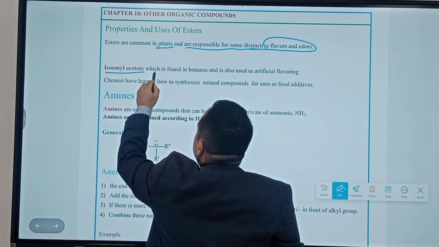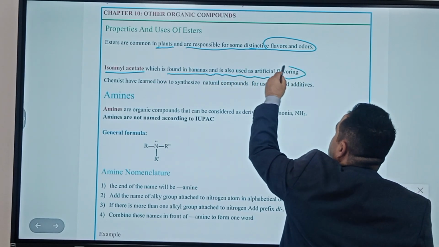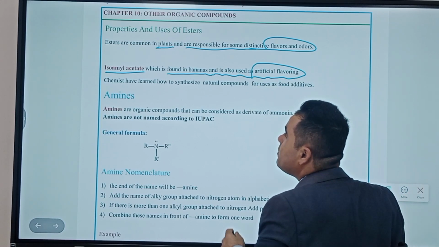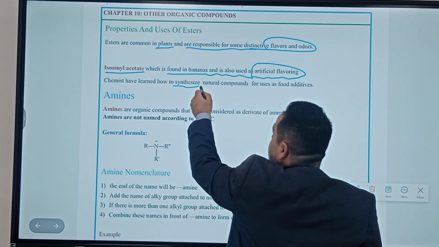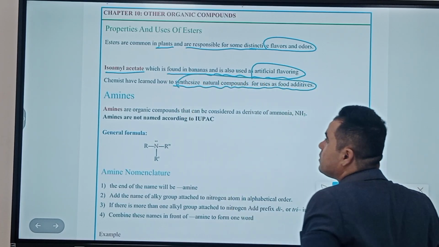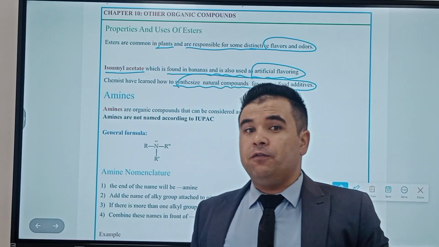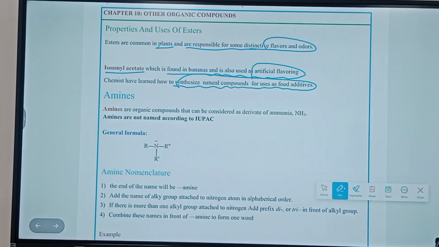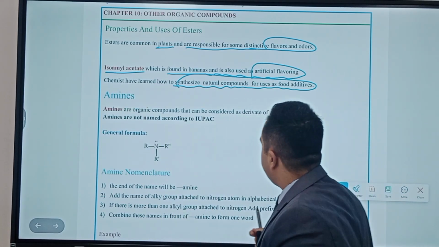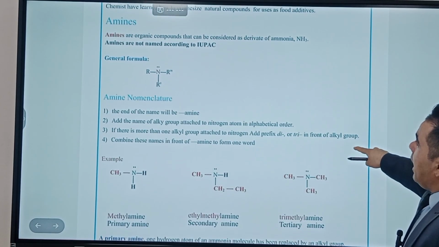Isoamyl acetate, which is found in bananas and is also used as artificial flavoring for bananas, is an ester, guys. Chemists have learned how to synthesize natural compounds for use as food additives. They use esters as food additives or flavoring agents for foods, and the only example in our book is isoamyl acetate, which is the flavoring of the banana.